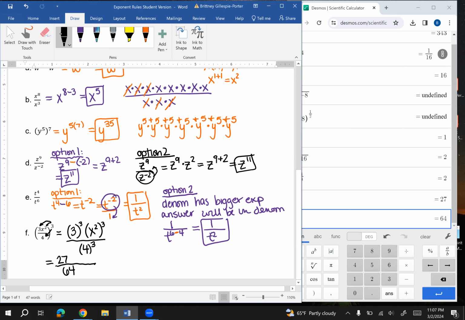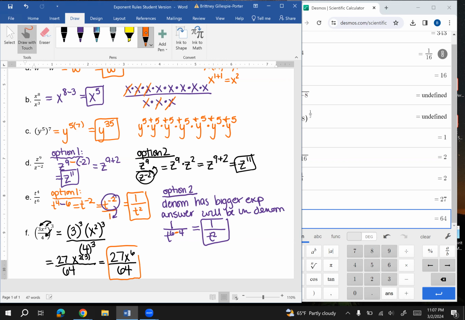And remember, with our exponent raised to another exponent, we're going to take 2 times 3, which gets us 6. So we have 27 x to the 6 all over 64. And because 27 and 64 don't have anything in common, we don't have to worry about reducing.